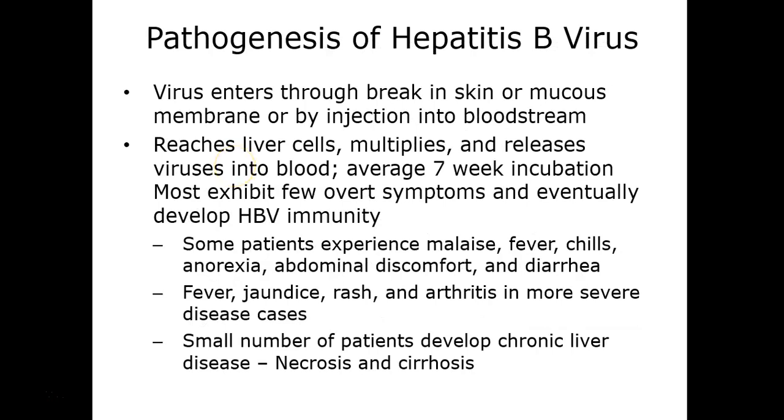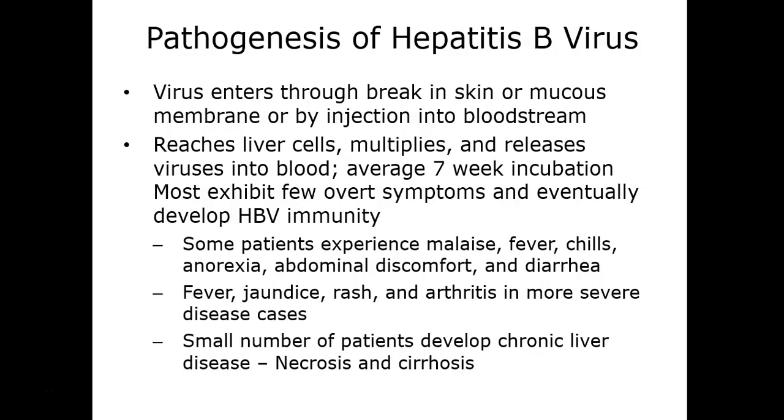So how does the virus get in and do its damage? Well, it enters through a break in the skin or mucous membranes, or by injection into the bloodstream. The virus will then reach the liver cells and begin to multiply. There's about a 7-week incubation period, after which the most overt symptoms occur.